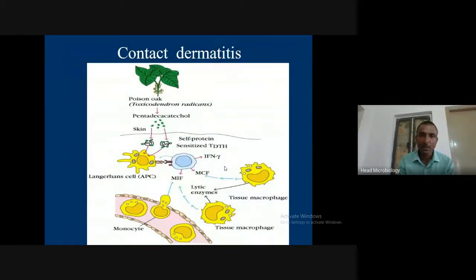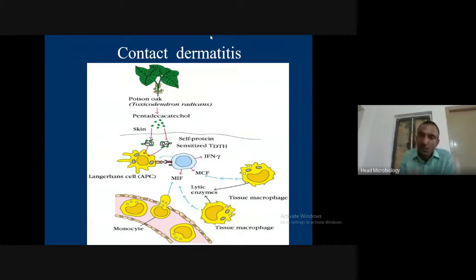Okay, the contact dermatitis. Here, like poison oak, toxic. For example, when we are affected with type 4 hypersensitivity, it starts from root to shoot, shoot to leaf. Finally, it will dry. It mainly affects the roots.